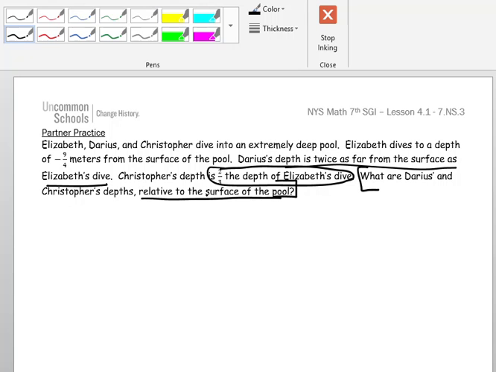Okay, cool. So in this problem, my key here: Elizabeth goes negative 9/4 meters. Darius goes 2 times that. And Christopher goes 2/3 of that.